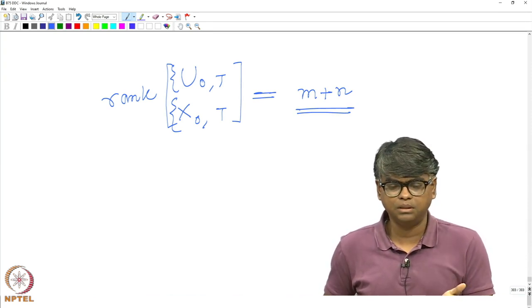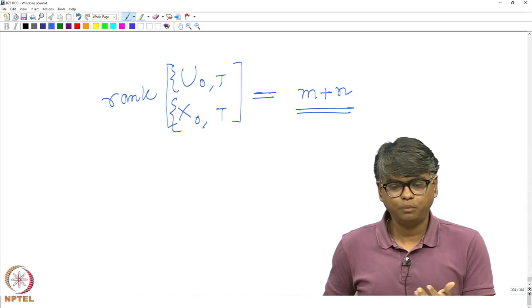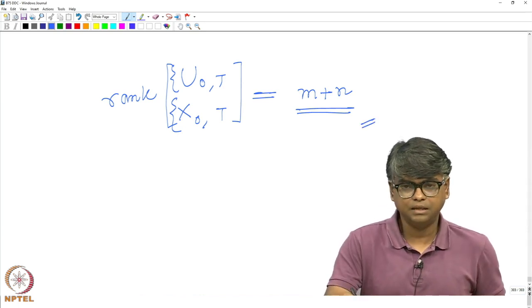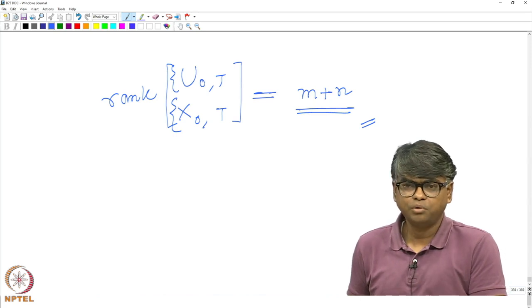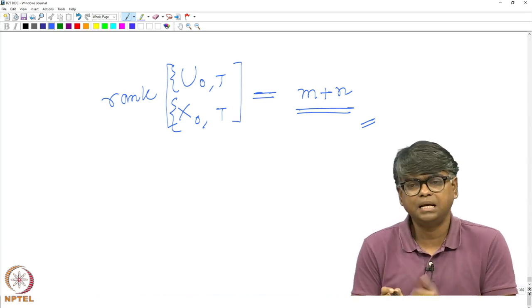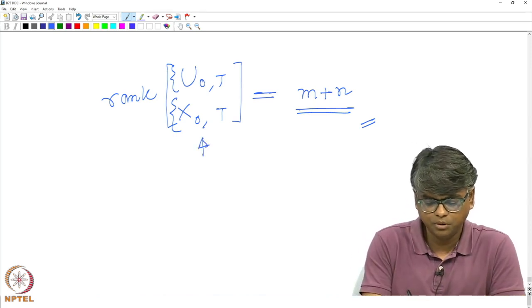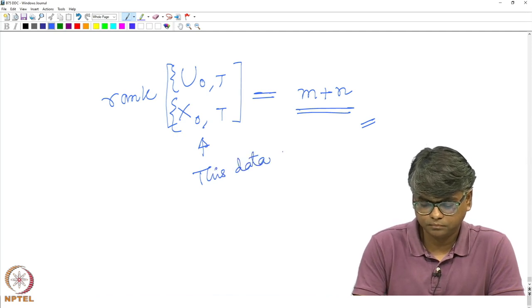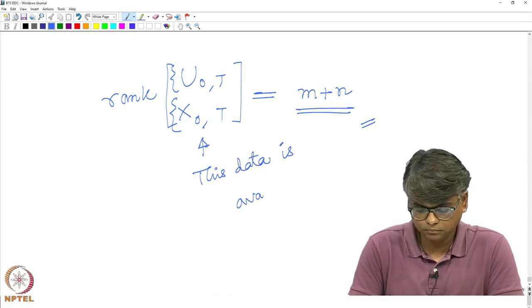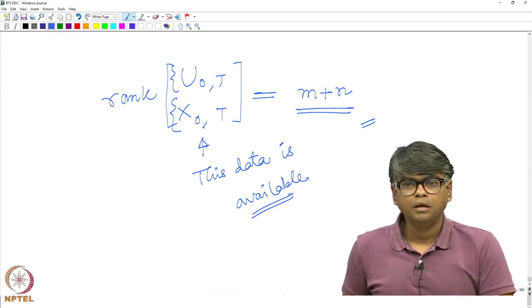Just think about it, n plus 1, that is why this rank is equal to m plus n. For data driven analysis, what we will assume is that suppose this data is available to us.